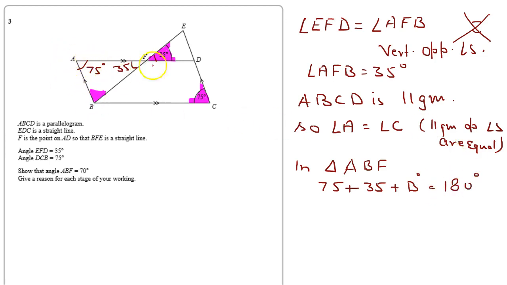This is a triangle, so B will be 180 minus (75 plus 35), which is 110. So B will be 70 degrees. So this angle is 70 degrees.